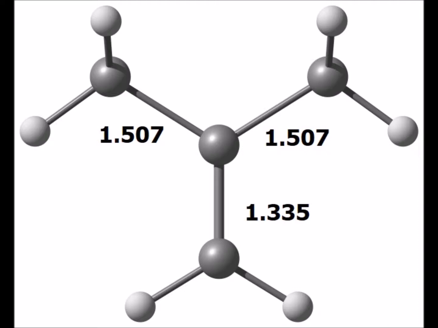Notice that when we see a bond length on the order of 1.50 angstroms, that is what we associate with a single bond, whereas when we have a bond that is 1.335 angstroms, that is consistent with a carbon-carbon double bond.